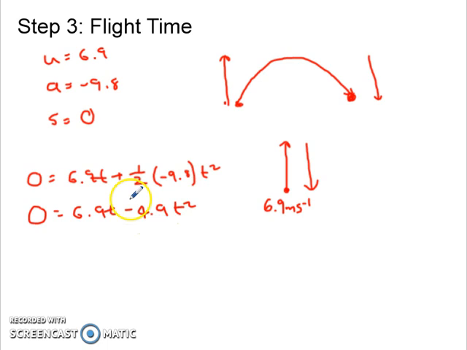We're going to add 4.9 T squared on both sides, which means we get 4.9 T squared equals 6.9 T. And we can actually divide both sides by T, which is going to make your life a lot easier.